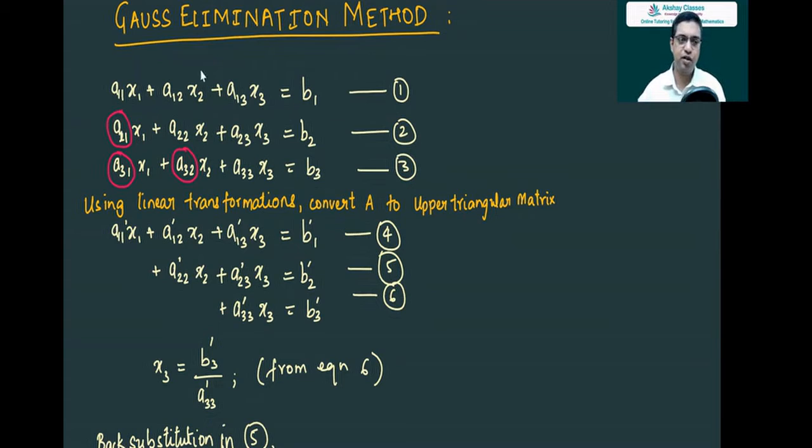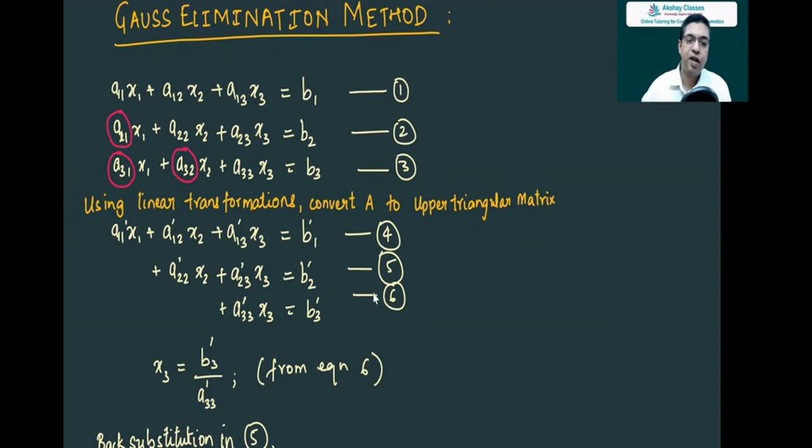If we convert it to lower triangular matrix, we first find x1. Then once we find x1, we find x2. And then we find x3. That is called the forward substitution method. This is back substitution. From the lowest equation, we keep back substituting to find the original.